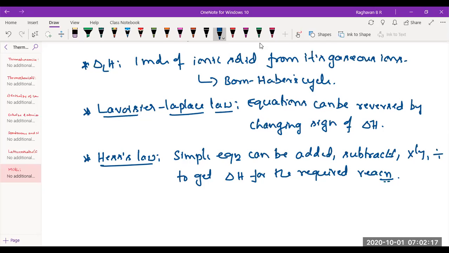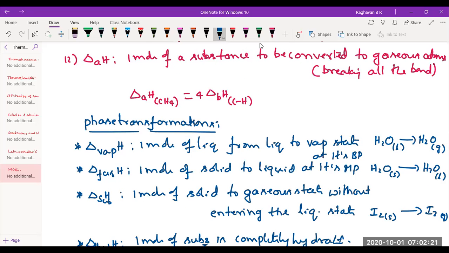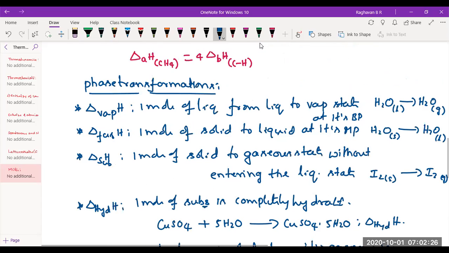So this is Hess's law. Both Hess's law and the Lavoisier-Laplace law are based on the law of conservation of energy. So that's it.